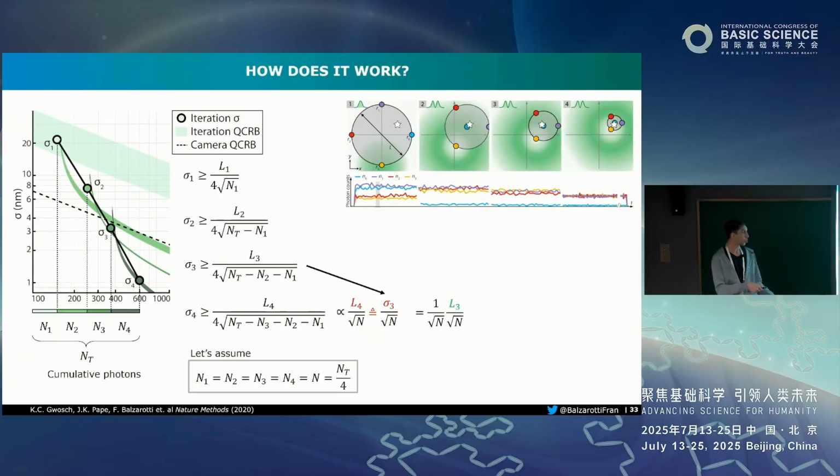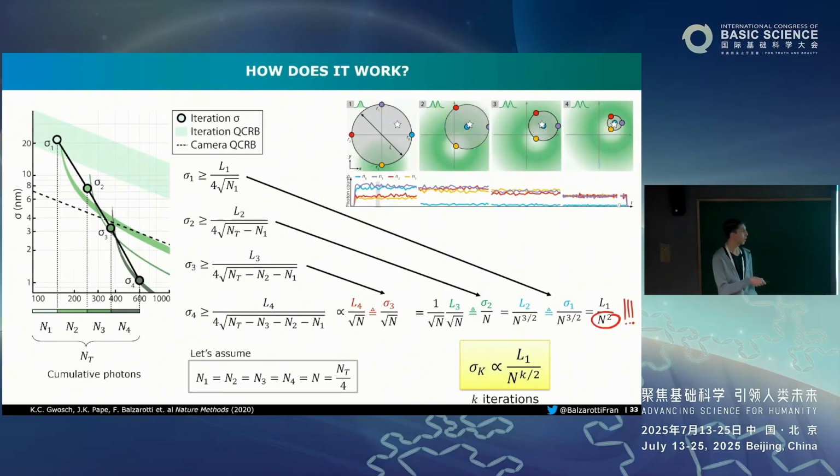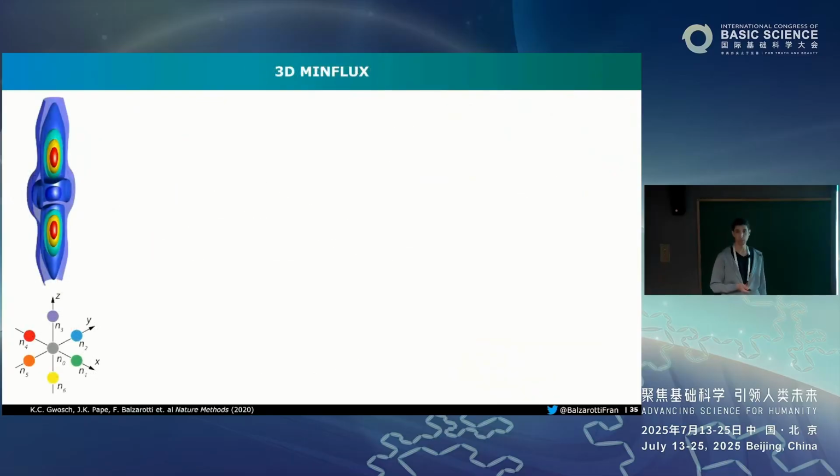And L3, you choose it to be proportional to sigma 2, and so on. So when you make this choice, you start multiplying square roots of n one by the other, by the other, by the other. And this is what makes the exponents be very high on the denominator here. So that's very cool, and it's another manifestation of the manipulation of the information.